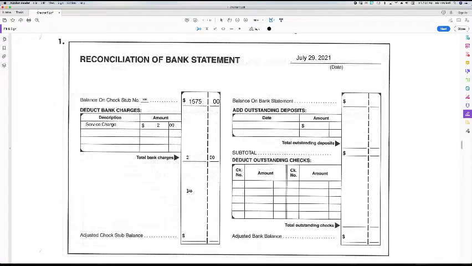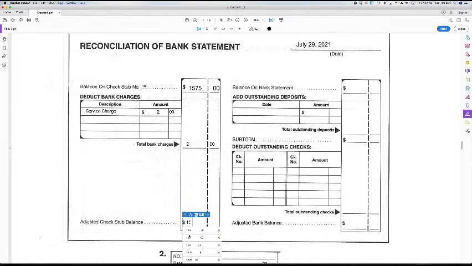Now, in order to calculate the adjusted check stub balance, we're going to take the balance on check stub number 106 and subtract it from the total bank charges. So if we take $1,575 and subtract it from $2, that will give us $1,573 for the adjusted check stub balance.